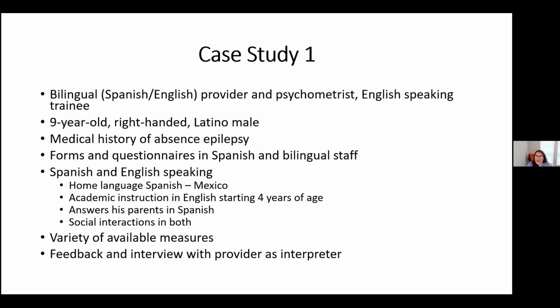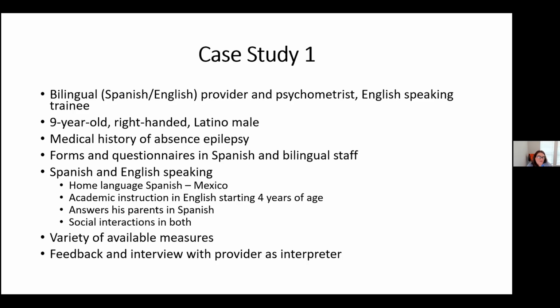Probably we're going to have a variety of measurements available. I'm wanting to see how he is constructing sentences on his own and formulating sentences in both languages. If all of the academic instruction is in English, I'm probably going to do a WISC in English at age 9, with some supplements in Spanish if needed.